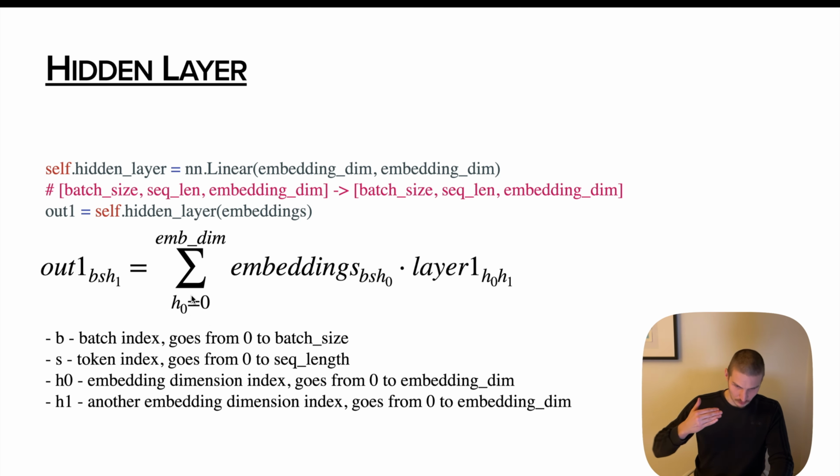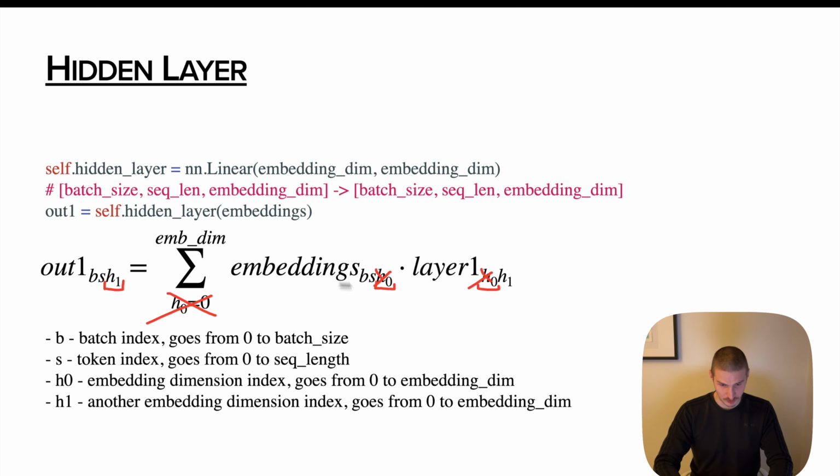So we go over all indices in one of these hidden dimensions, and we sum them all up. So what you can see happening here is this H0 dimension getting collapsed, summed up into something single. So in the output, we don't have this H0, but we have H1, which we got from this layer.